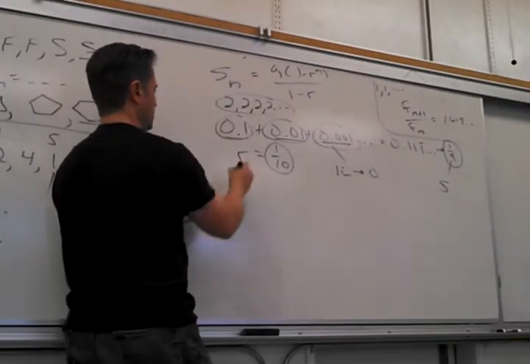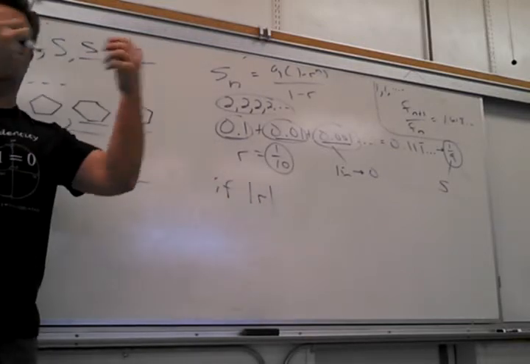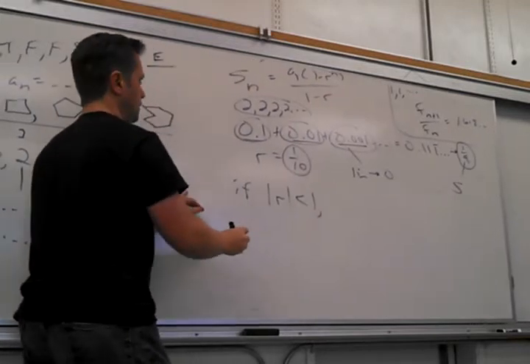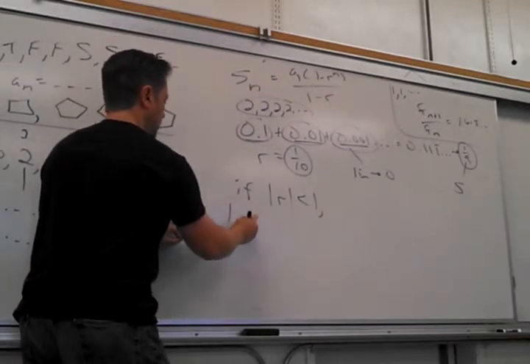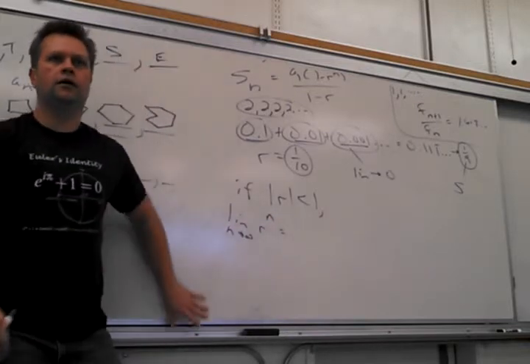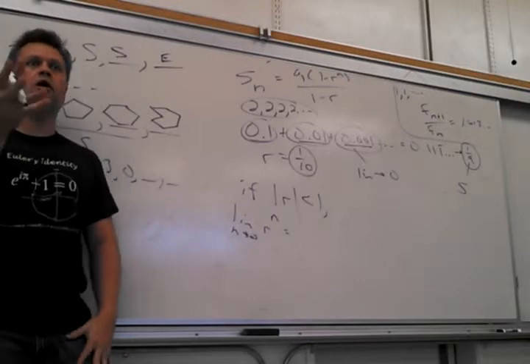So what we do, if I assume that the absolute value of r, because r could be negative, is less than 1, then tell me, what's the limit as n goes to infinity of r to the n? Oh, that's so loaded. I love it. Yes, it's got to be 0.